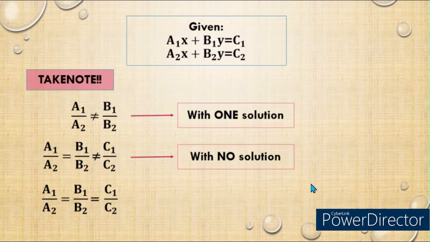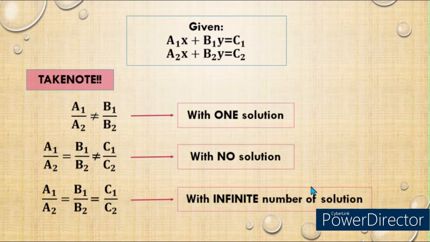Another one, if we were going to get the ratio of a sub 1 divided by a sub 2 equals b sub 1 divided by b sub 2 equals c sub 1 divided by c sub 2, meaning, it has an infinite number of solutions, or ito yung tinatawag nating consistent and dependent.